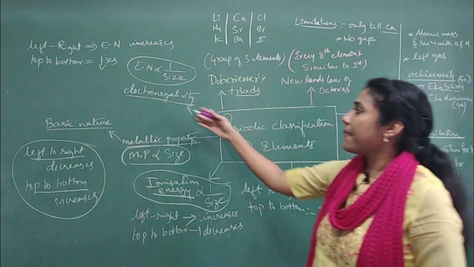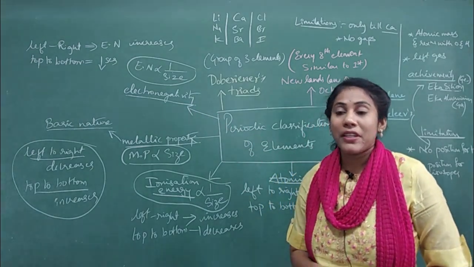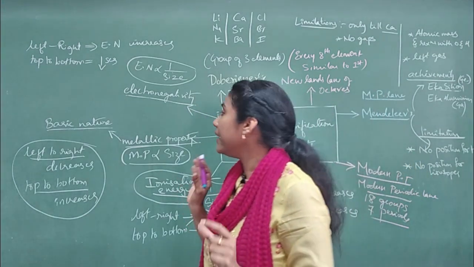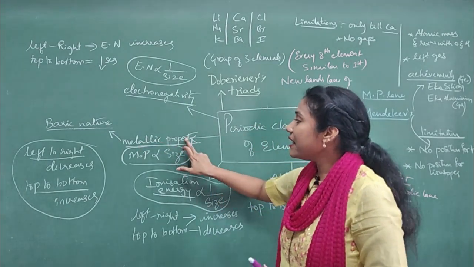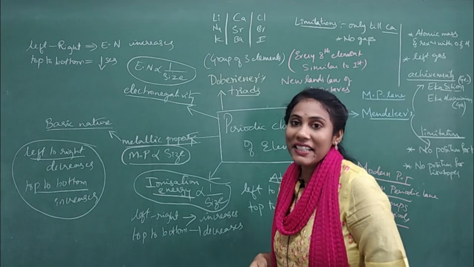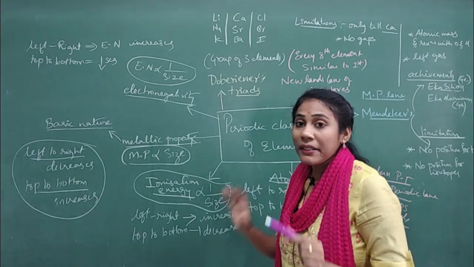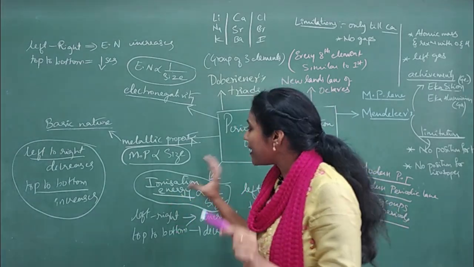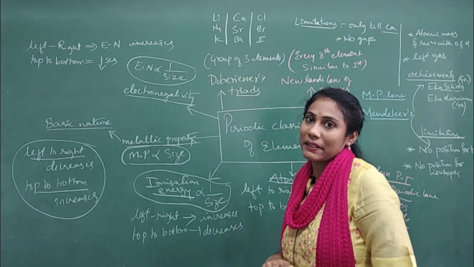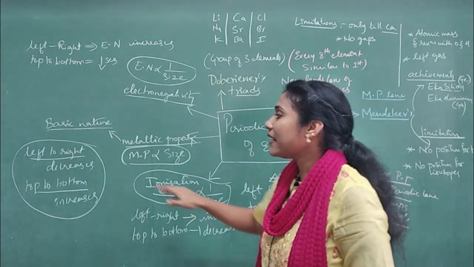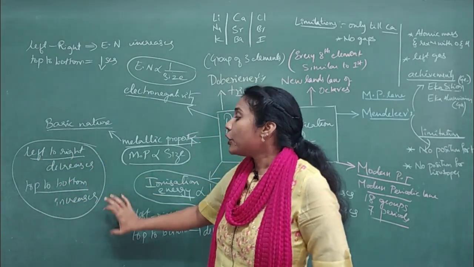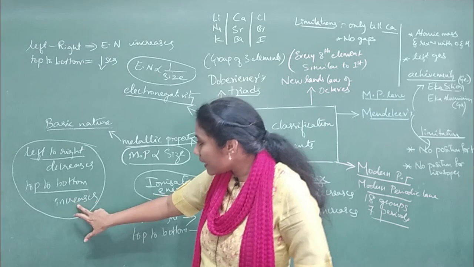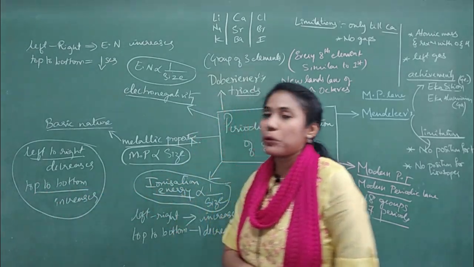So this is about electronegativity. And now one more topic is there, non-metallic character. Non-metallic character is just opposite to metallic character. So non-metallic character increases when you go from left to right, and decreases when you go from top to bottom.